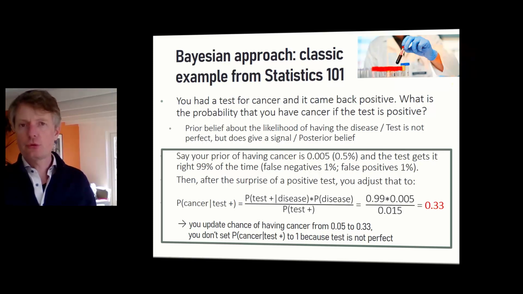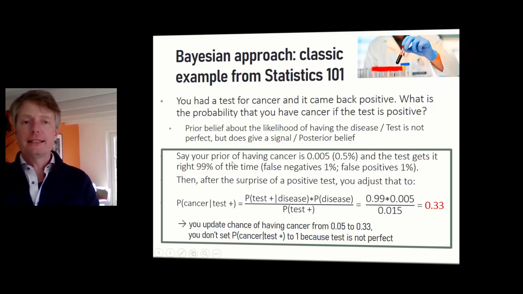So let's put that probability at 0.5%, so 0.005. Say that the test is fairly accurate, so it gets it right 99% of the time, which looks very good, but as we'll see, that doesn't necessarily mean that a positive test result means that you do have cancer.